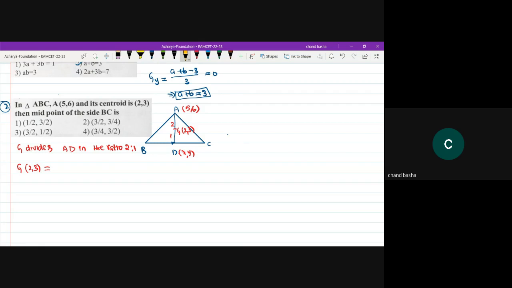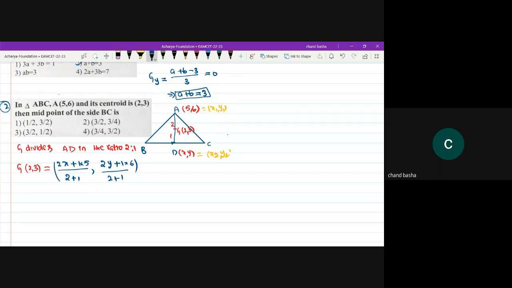I'll consider this as x1 comma y1, and this as x2 comma y2. mx2 means 2 times x, plus nx1, that is 1 into 5, divided by m plus n, that is 2 plus 1. my2 plus ny1, that is 2 into y plus 1 into y1 value 6, divided by 2 plus 1.